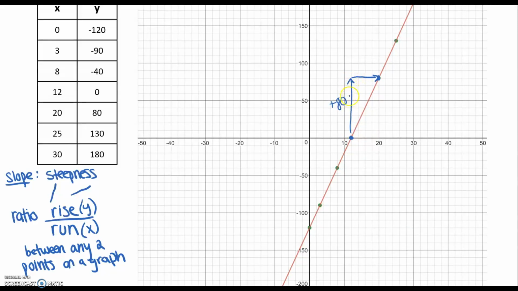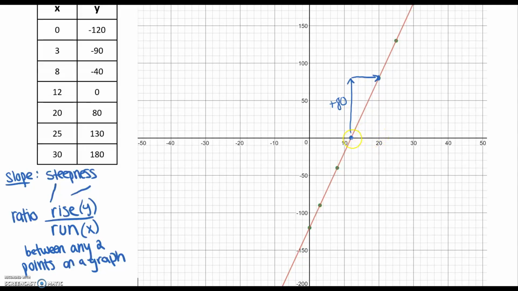Now to get to the point, you not only have to travel up, but you also have to go to the right. How much do you have to go to the right? If we're looking at the right, we're talking about our x-axis. So you have to figure out where we start on the x-axis and where we end. Since this is 10, these go up by 2s: 2, 4, 6, 8, 10. So we start at 12, and we go 13, 14, 15, 16, 17, 18, 19, 20.